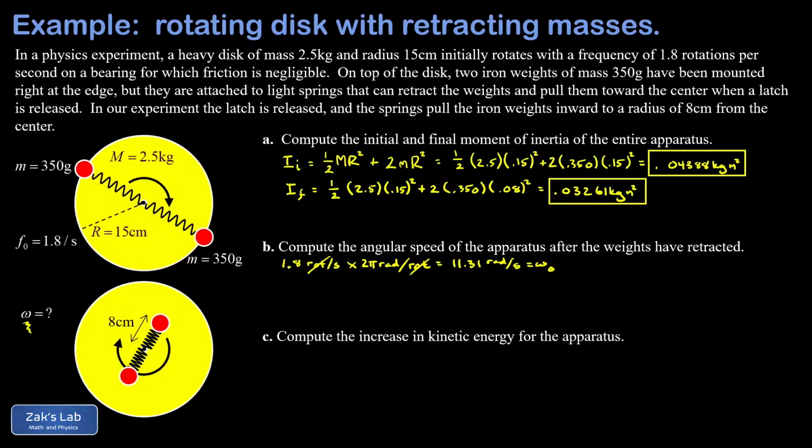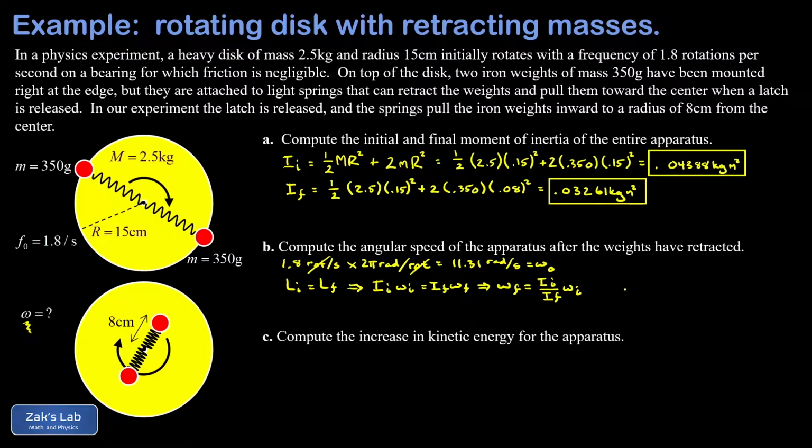Now we get into the conservation of angular momentum part. We know that L initial is equal to L final. Because there is no external torque acting on the system, that's because the friction in the bearing is negligible. And L is I omega, so I have I initial, omega initial, is equal to I final, omega final. We'll go ahead and solve this symbolically for omega final. And I've used 2 different notations here for omega initial.